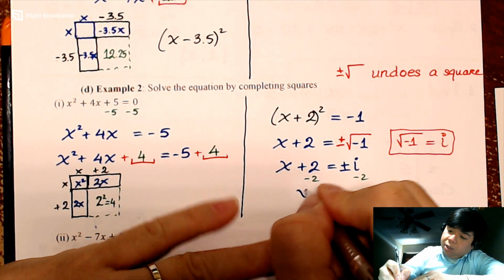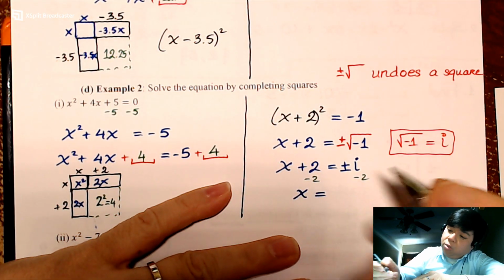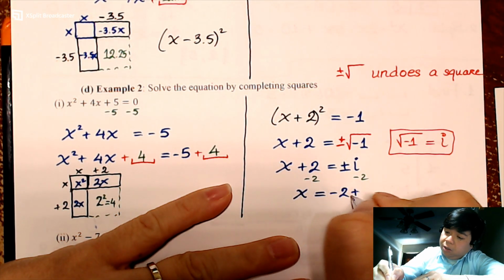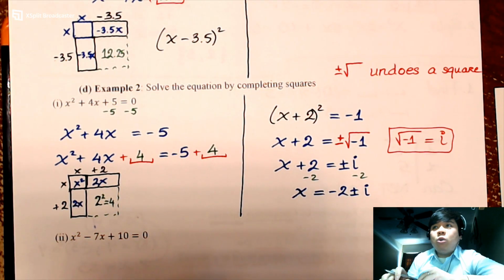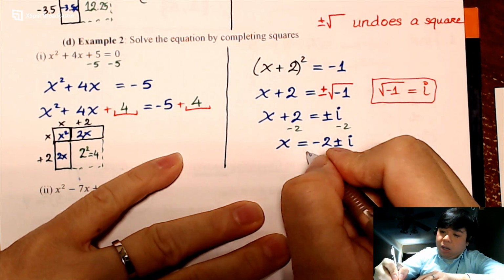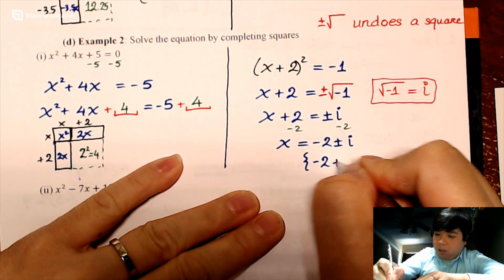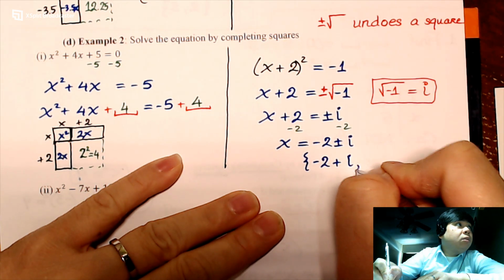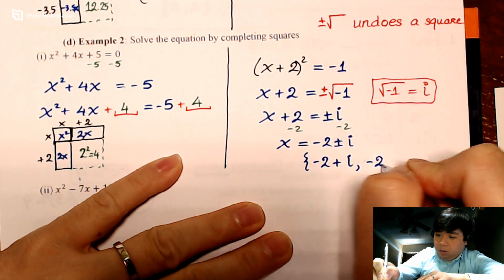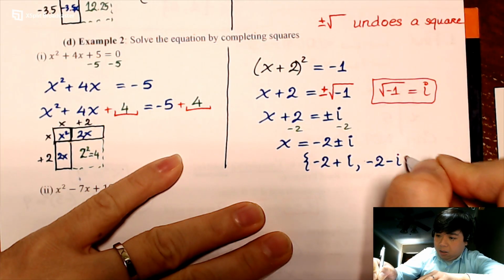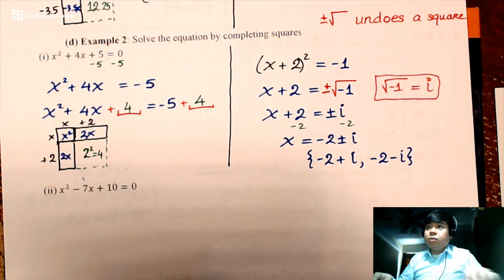We have x equal to -2 plus or minus i. Yeah, you can write the answer like that, or you can write it as -2 plus i, or -2 minus i.